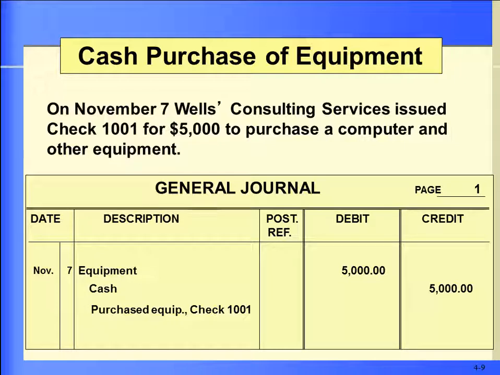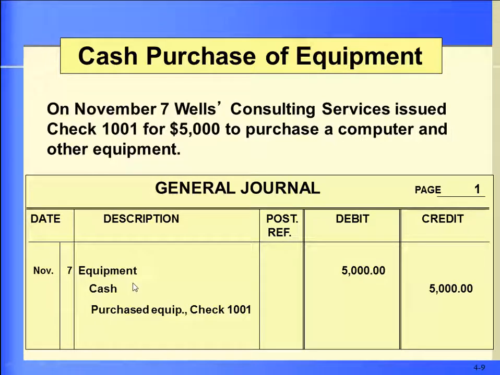So assets equals liabilities plus owner's equity. This transaction is just happening on the left side of the equal sign. So it's affecting assets. We're decreasing assets and we're increasing assets. So when we increase equipment, we debit it for 5,000 and we're spending cash for 5,000. These will always be the same.